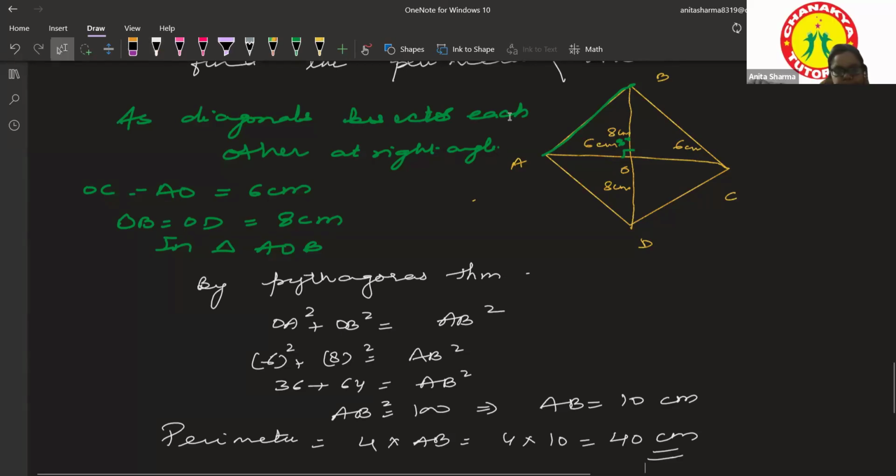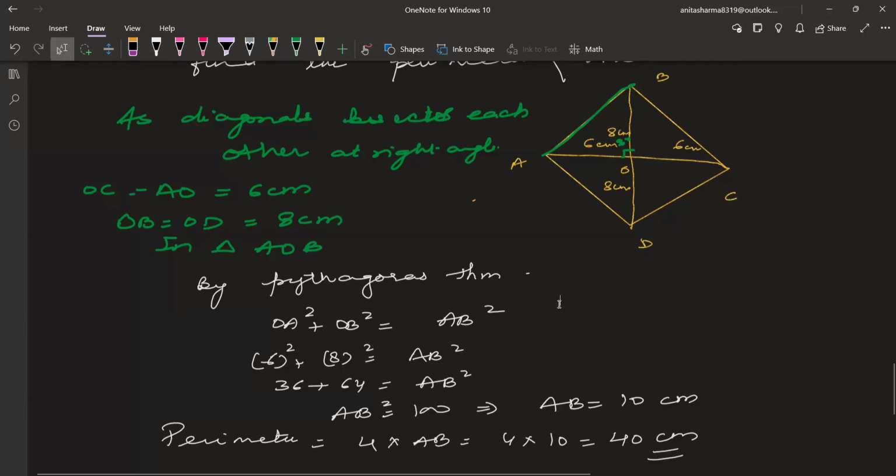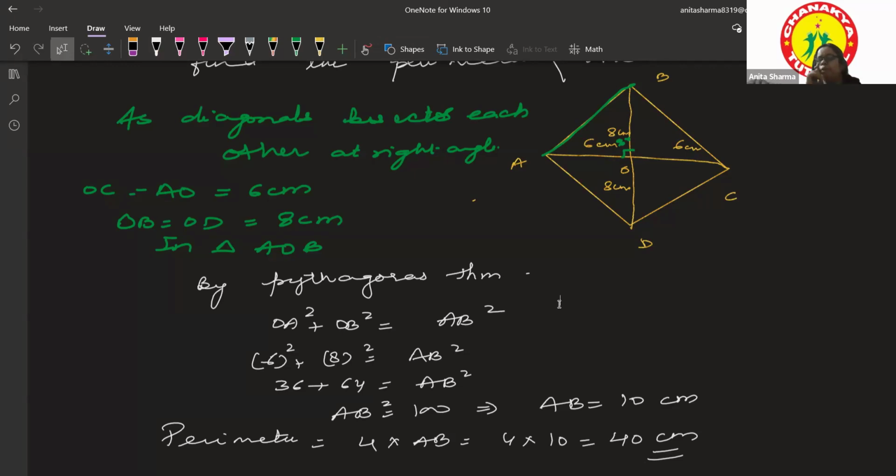Understood? Ma'am, for area of rhombus, it is half into diagonal 1 into diagonal 2, right, ma'am? Half into D1 into D2. Half into diagonal D1 into diagonal D2. Clear, beta? Okay, ma'am.